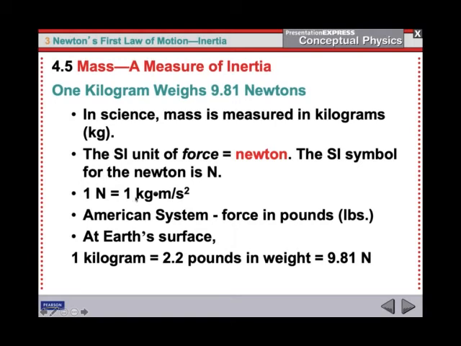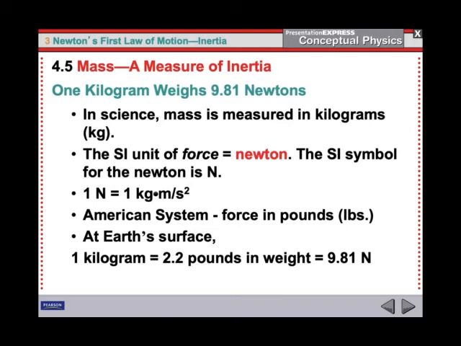One newton is 1 kilogram times a meter divided by seconds squared. That seems really awkward, so can you imagine why they came up with the name Newton? Hey, he was kind of a big deal in his time, and still today. We're still studying him. So instead of saying this all out, we're just going to use newton. It's much easier. The American system, of course, has something different.